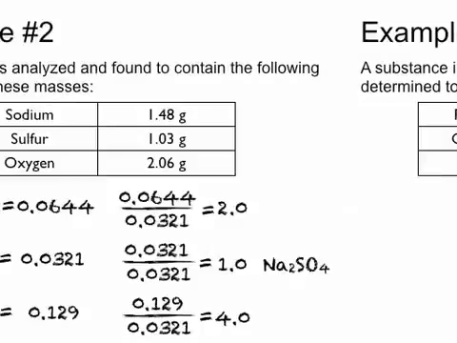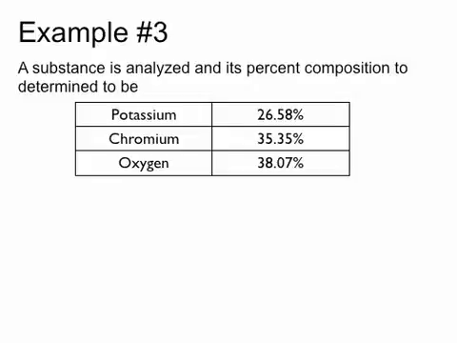Our last example is going to be using percent composition data. We've analyzed the substance and determined that its percent composition is potassium 26.58%, chromium 35.35%, and oxygen 38.07%. These percentages can be converted directly into grams by considering a 100-gram sample of the substance. 26.58% of 100 grams would be 26.58 grams of potassium, and we do the same for chromium and oxygen.